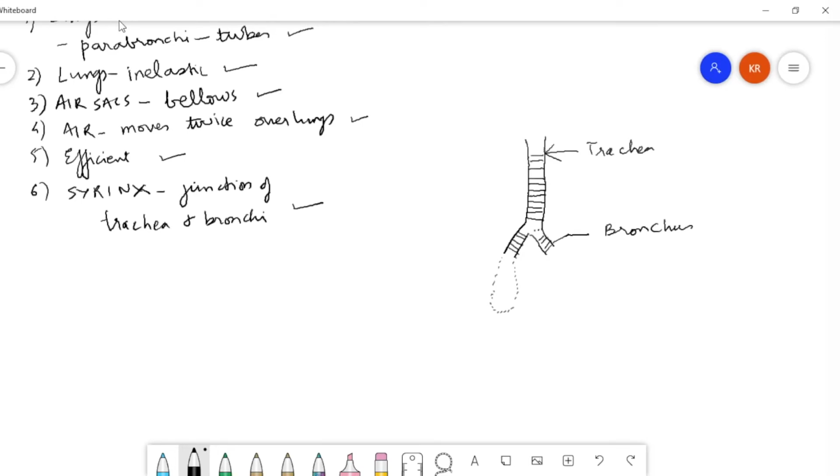Here are the lungs, which I am first drawing with dotted lines.